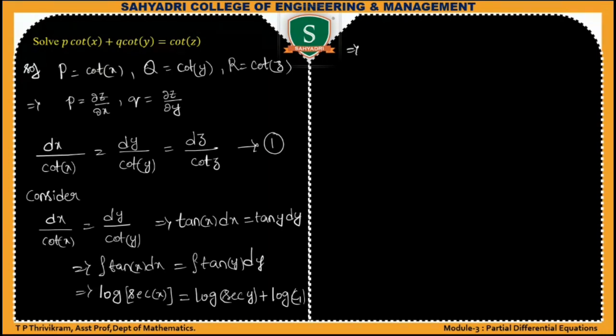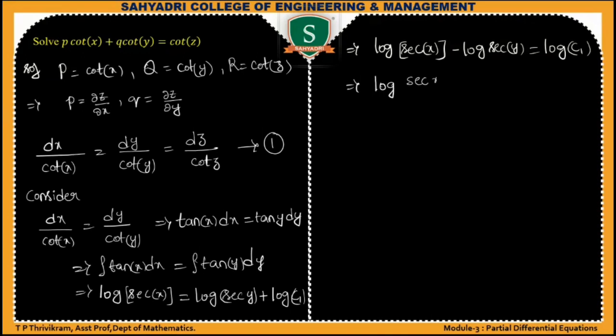This implies log sec x minus log sec y is equal to log c1. So log of sec x divided by sec y is equal to log c1.